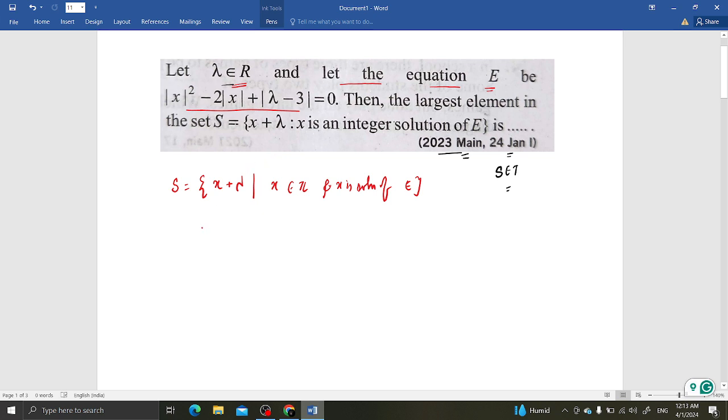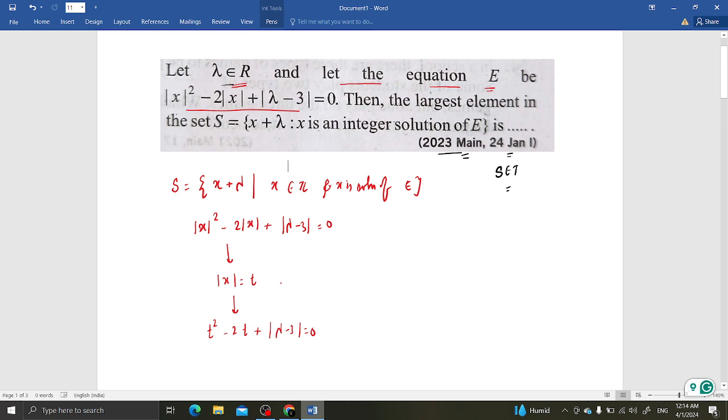Now, what is our equation we have actually? Mod of x square minus 2 mod of x plus lambda minus mod of lambda minus 3 equals 0. So it is a quadratic in the mod function. So mod of x equals t, I'll assume here. We transform our equation as t square minus 2t plus mod of lambda minus 3 equal to 0.